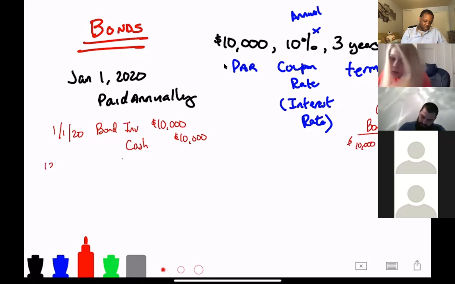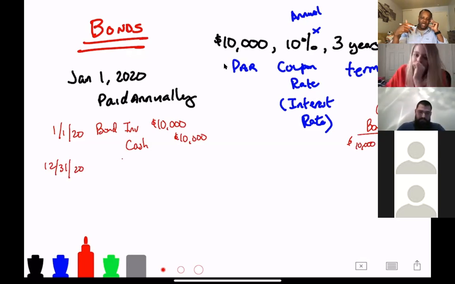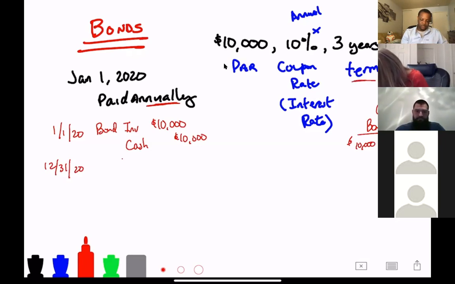When we get to the end of the year, and this is how bonds work, I want you guys to just have a visualization of how bonds work. The company is agreeing to pay us interest once a year, annually, for 3 years, the term. And the amount of interest they pay is the coupon rate times the par value. So 10% times 10,000 is $1,000.